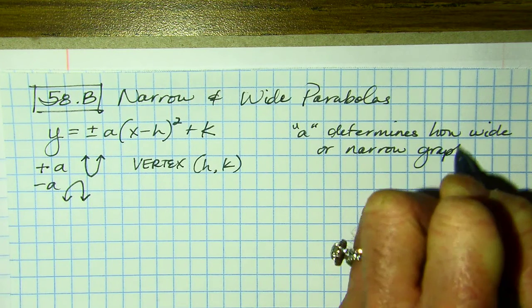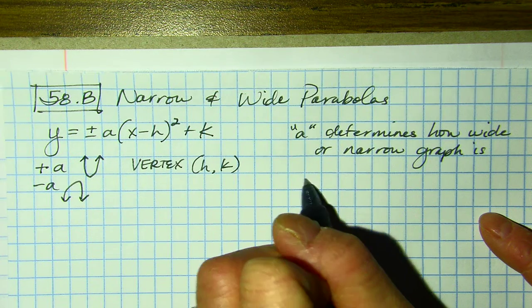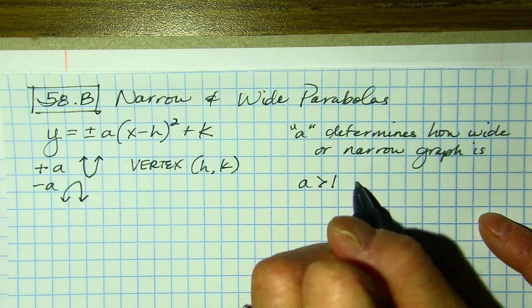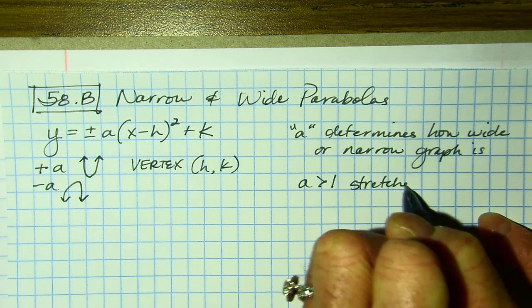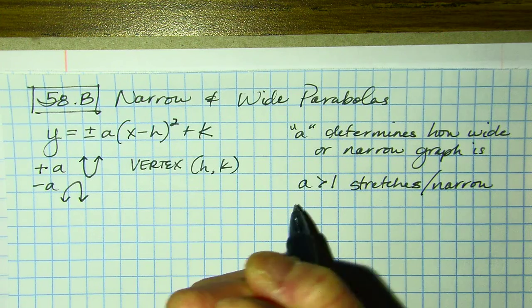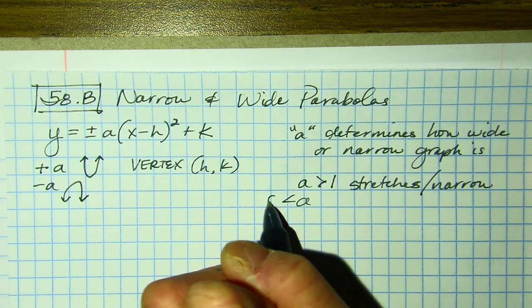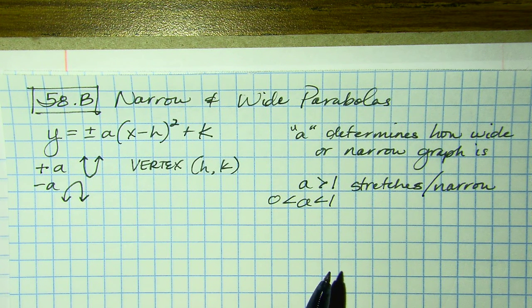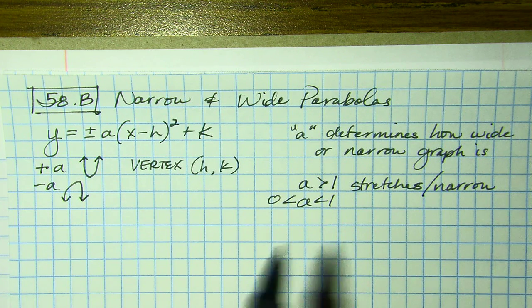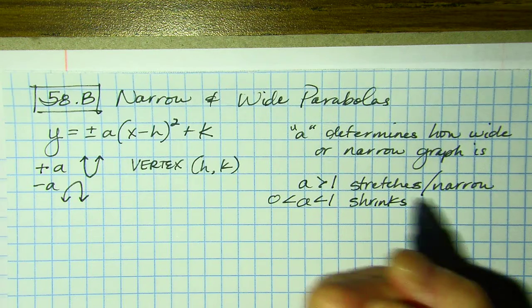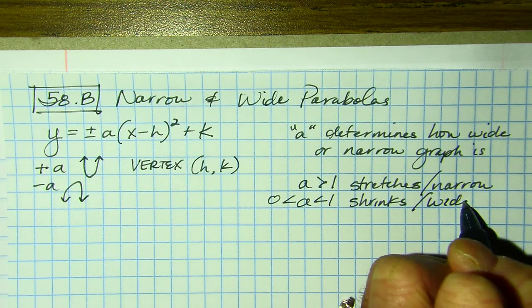the graph is. So if a is greater than 1, it stretches the graph vertically, making it narrow. If a is greater than 0 but less than 1, so a decimal like 0.5, 0.75, 3/4, 1/3, if it's a decimal or fraction between 0 and 1, then it shrinks it vertically, which makes it more wide.